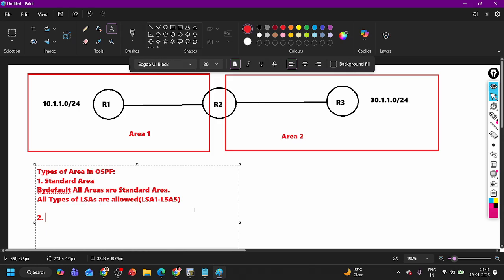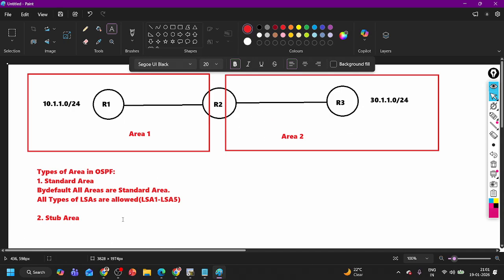Now the second type of area is called a stub area. This is again a special type of area. A stub area is going to filter some LSAs, and I can configure any area as a stub area except area 0. Area 0 should not be a stub. Let's suppose in area 2 I don't want to see any LSA 4 or LSA 5.